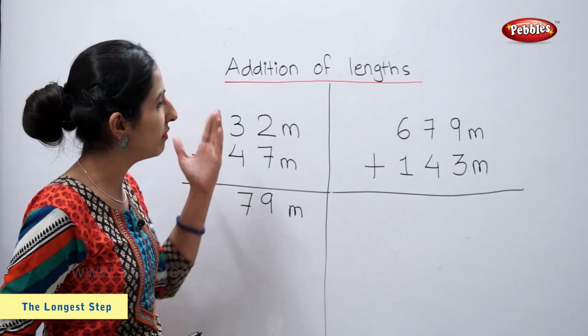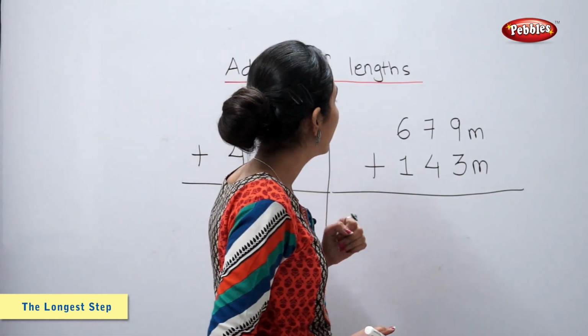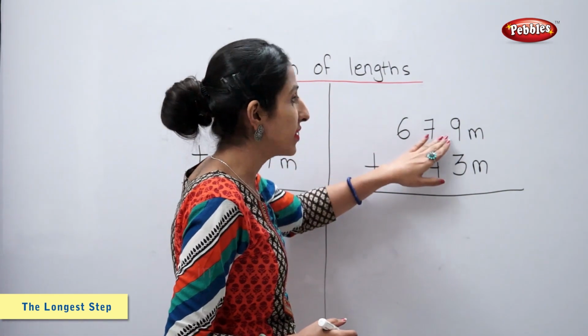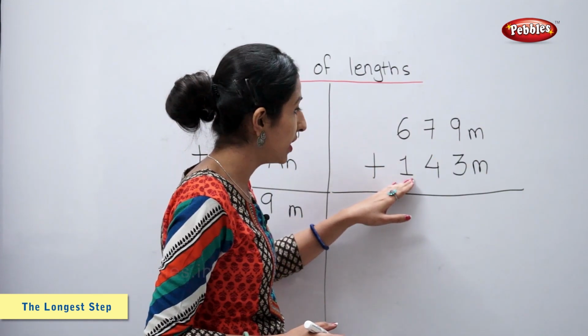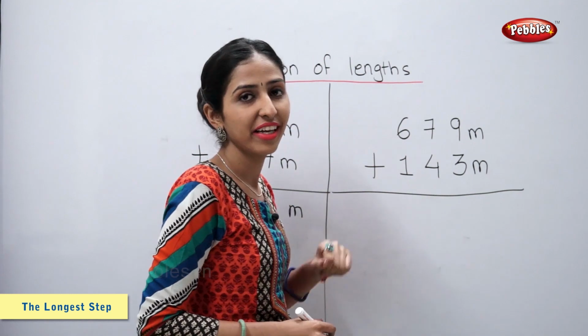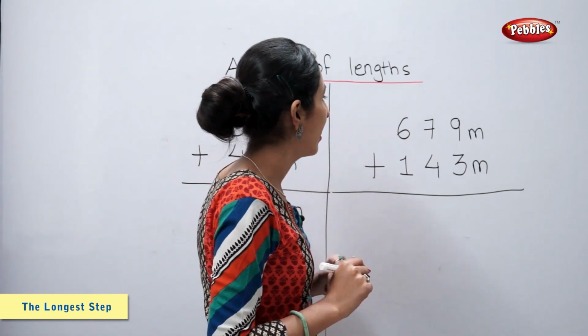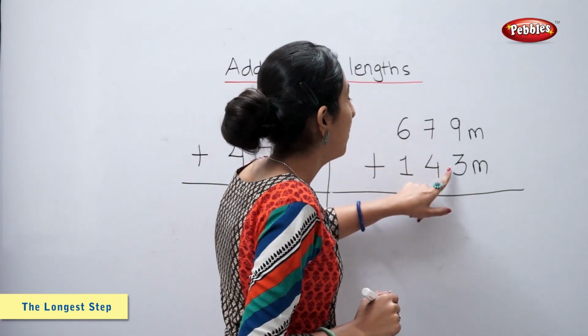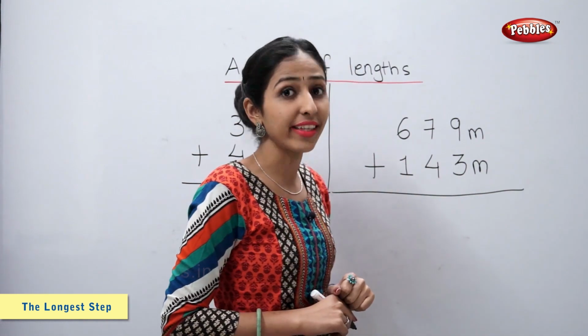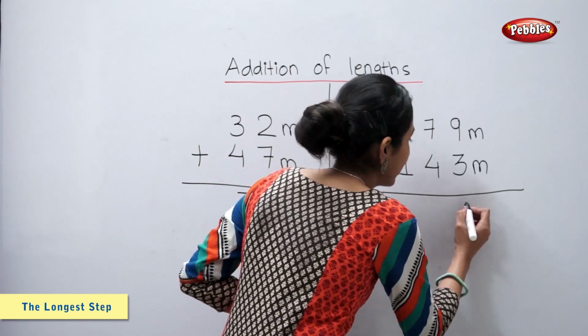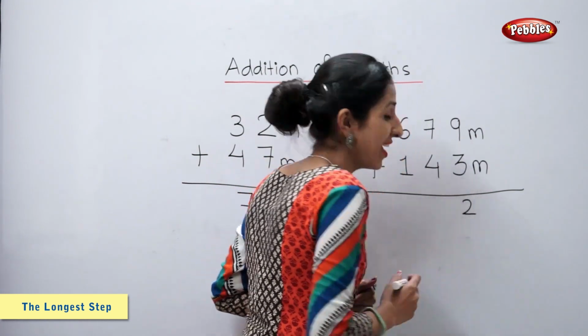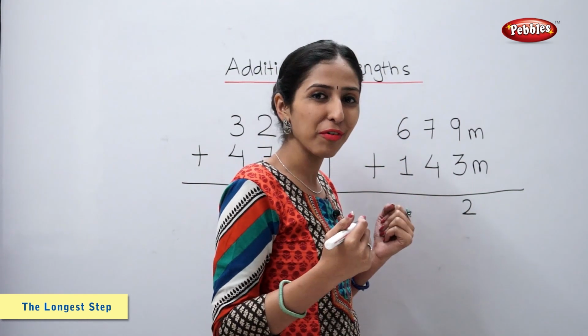Now, let's solve this example. 679 meters plus 143 meters. Let's count. 9 plus 3 is equal to 12. So, 2 here and 1 carry forward.